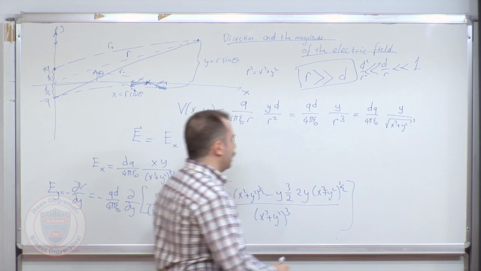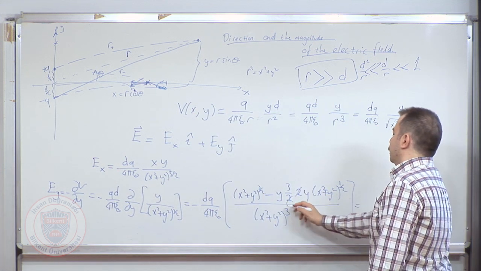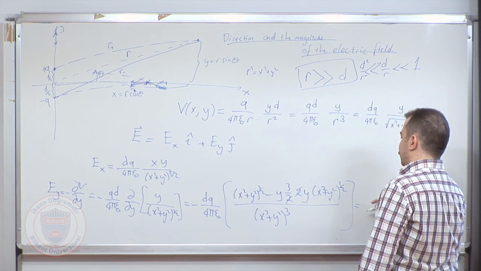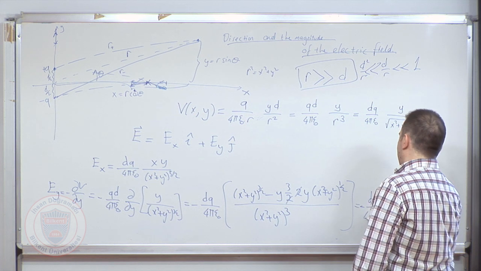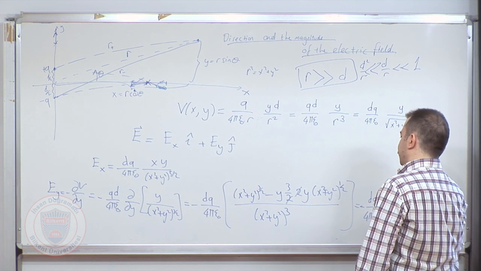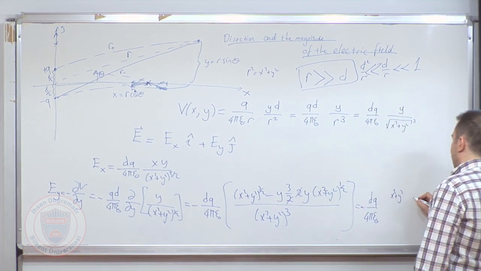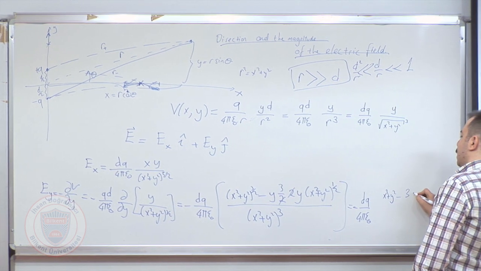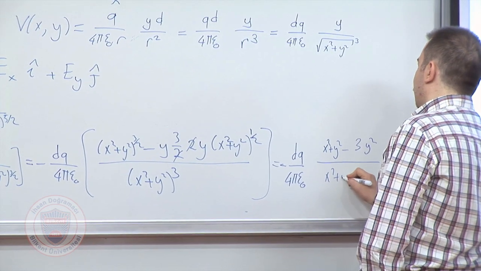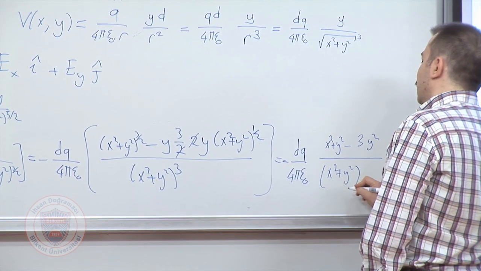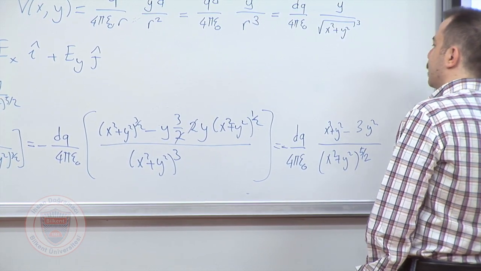Let's play around with it. Maybe I can take a power of 1/3 out of this, or 1/2 out of this. So I'm going to say minus dq over 4 pi epsilon 0. Then I'll have x squared plus y squared minus 3y squared divided by x squared plus y squared to the 3 minus 1/2, which is 5/2.